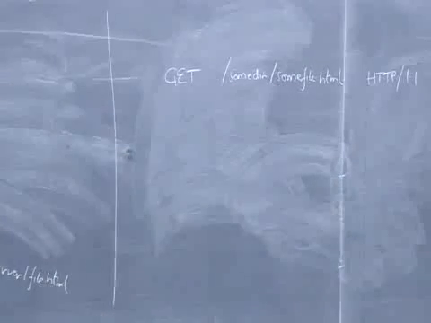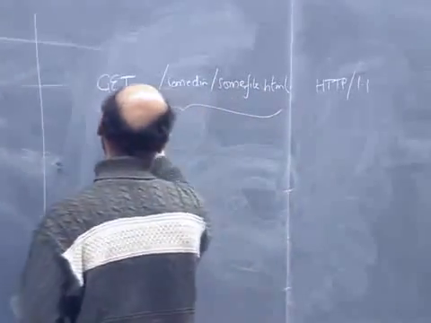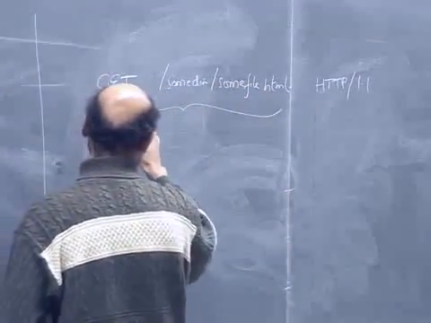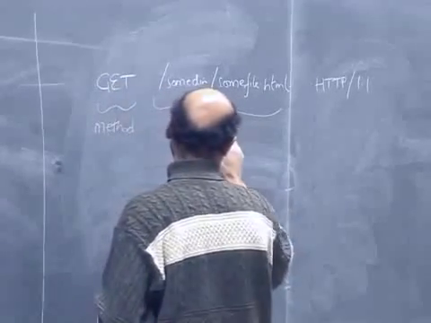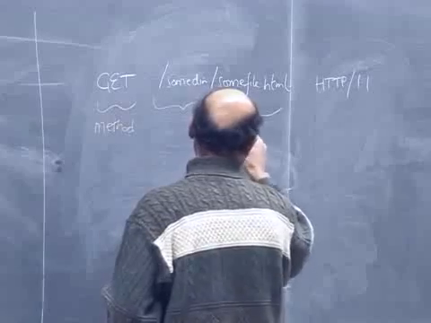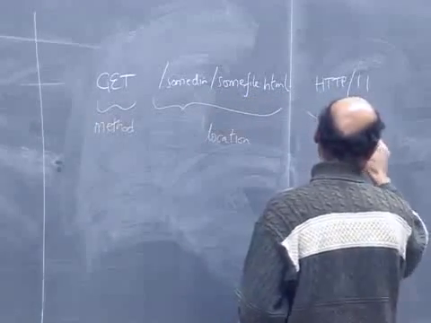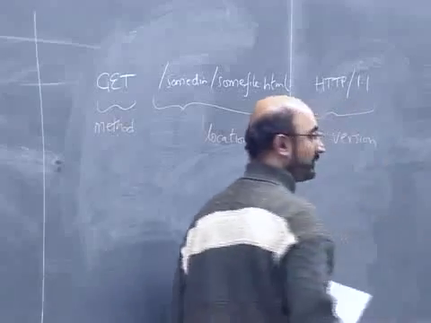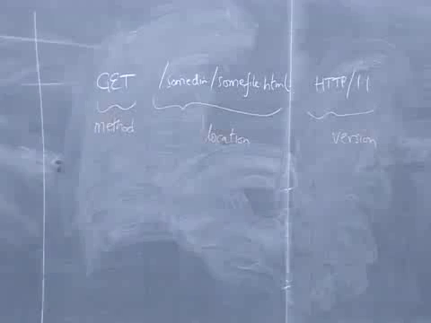This GET part is called the method. This over here is the location. And this is the version, so it's using version 1.1. There are only 2 versions, 1.0 and 1.1, as far as I know.